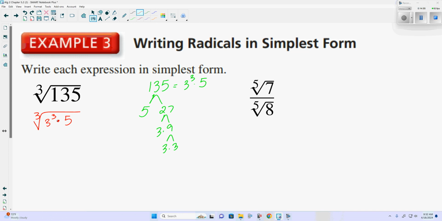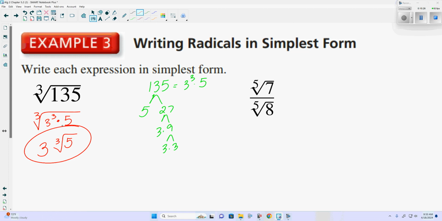Yeah. Exponent and index match up, which is 3. Can we take the 3rd root of 5? No, because the exponent and index don't match. So it just stays the third root of 5. So the cubed root of 135 simplified is 3 times the cubed root of 5. And that's it. Does that make sense?